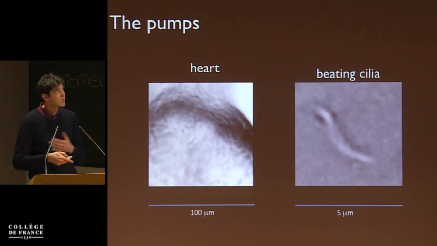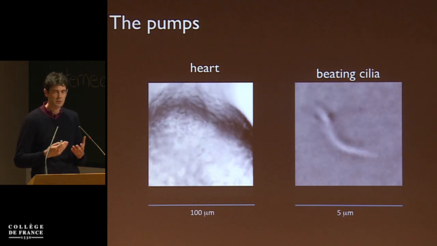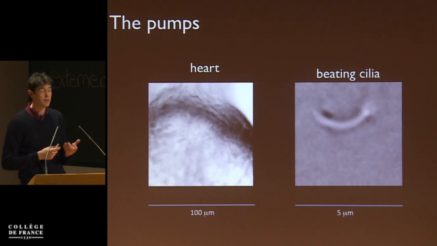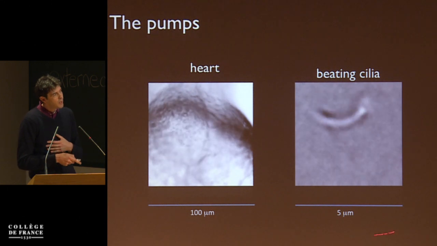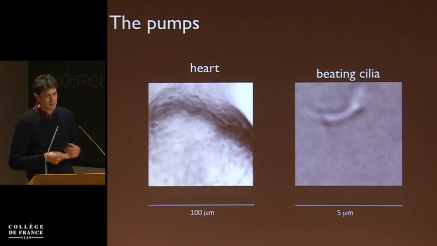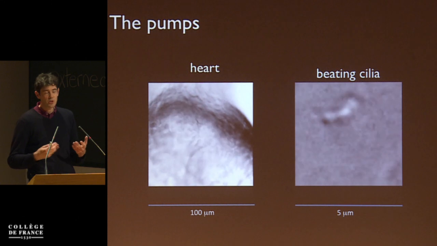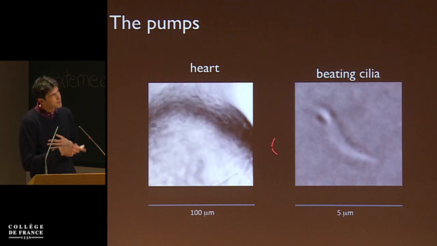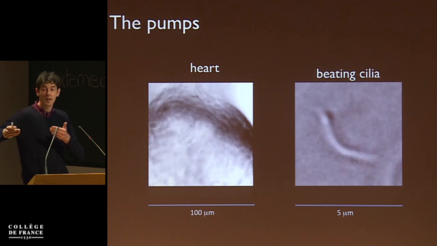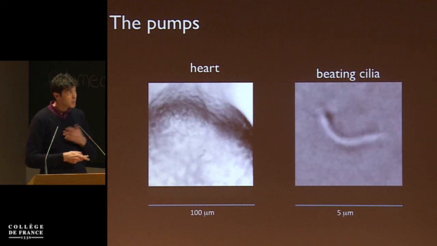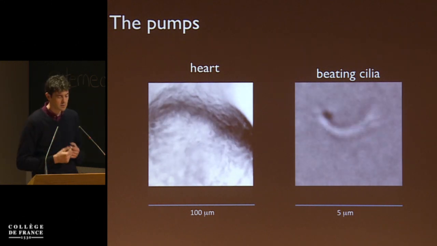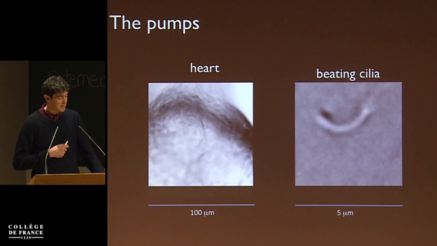When the movement is well coordinated, you have a helical movement which is able to generate a flow. Cilia are much smaller, so the scale and amplitude of the flow they generate is smaller, but they can work together and their efficiency will add up. So they are also extremely efficient in generating flows in the embryo.